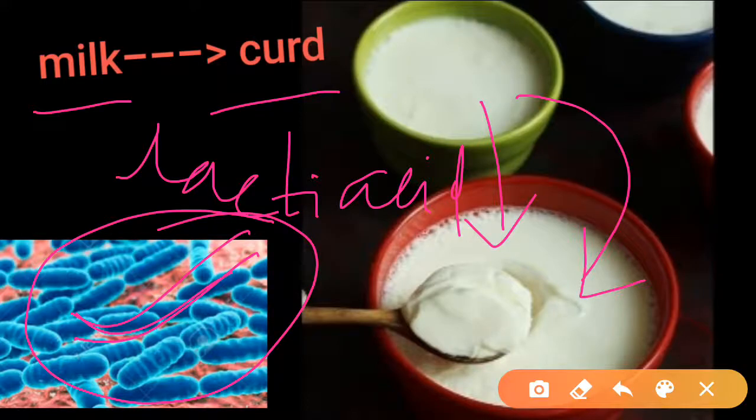So it is an irreversible change also. Milk converted into curd means a new substance is formed, and it is irreversible because we can't change it back to milk.